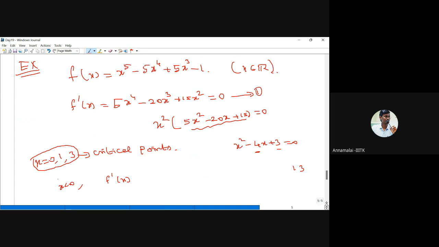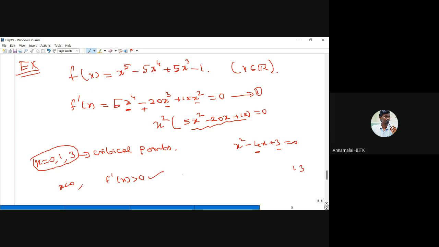So this is our f dash. If x is slightly less than 0, then f dash of x should be positive, because this is an even power, this is also an even power. If this is negative, then we have a minus sign in that coefficient, therefore this should be plus. Everything should be positive terms, therefore f dash should be positive. For x negative, we get f dash positive.